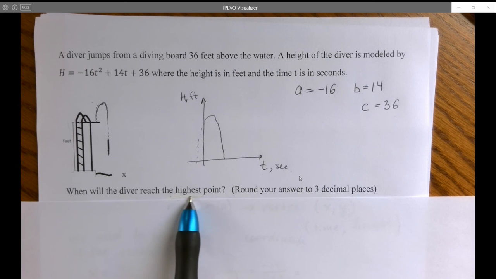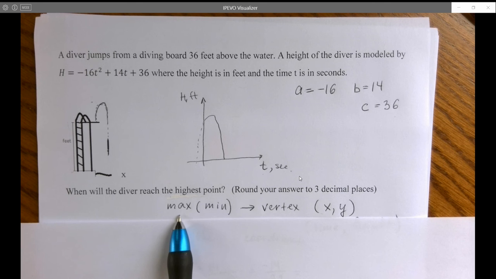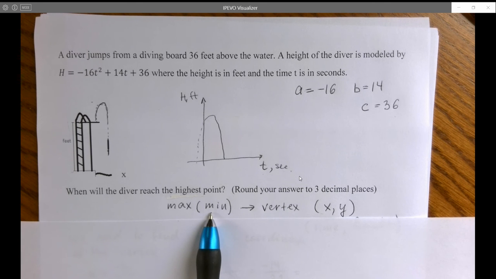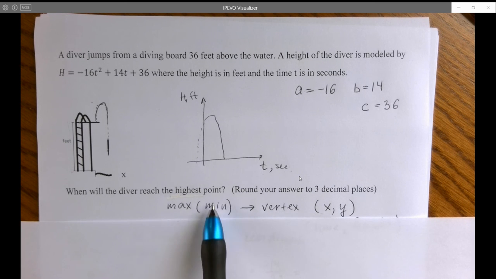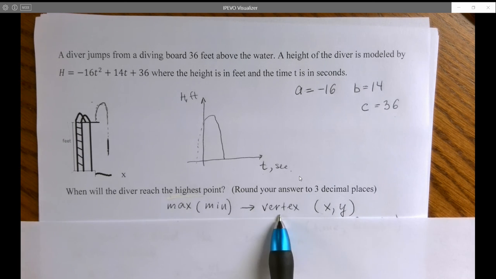When you see highest or the lowest, it means we are talking about maximum or minimum in a real life situation. In algebra, it's equivalent to vertex. In other words, they are asking something about the vertex.